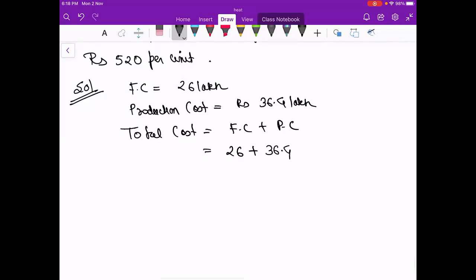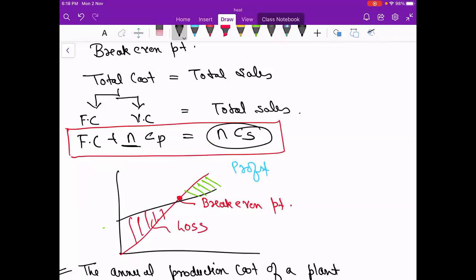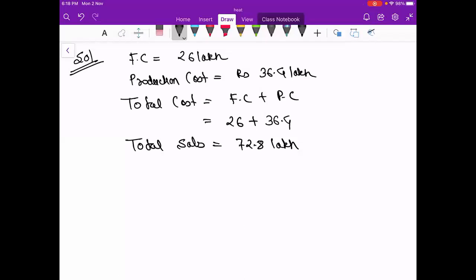In the question they have given total sales, it is 72.8 lakh. What is the total sales formula? N into CS. So total sales equals N into 520, and it is equal to 72.8. So what is the value of N you are getting? Calculate. What is the value of N?